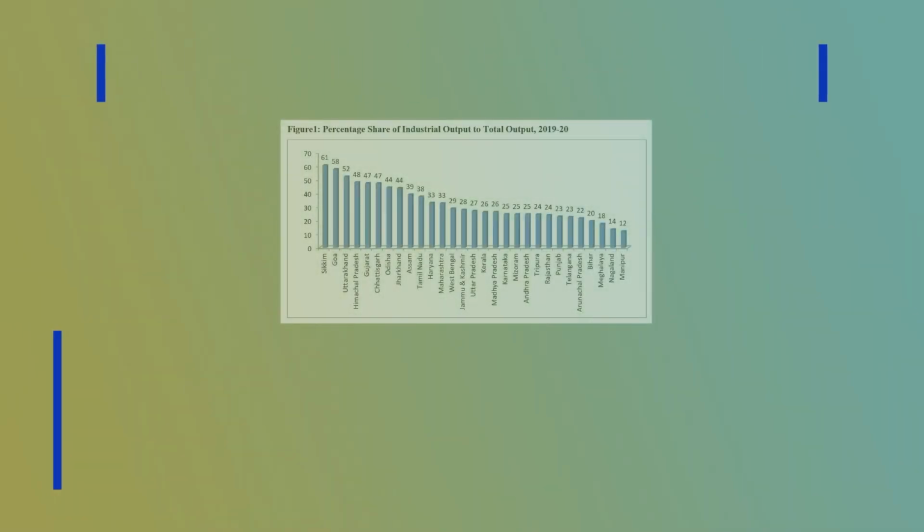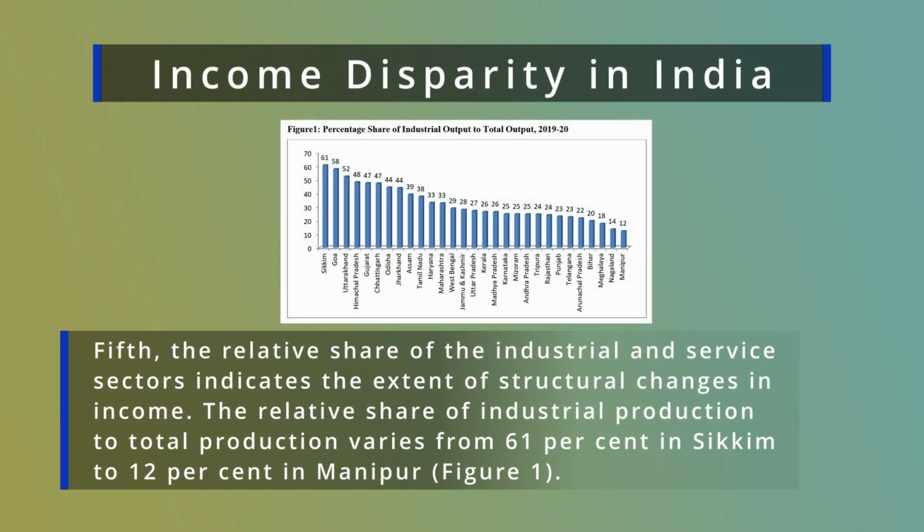Now we can explain the income disparity by means of structural change. This structural change is also equally important to understand the development status. During the course of development, there is a specific type of structural change, which indicates that the relative importance of the agriculture sector is gradually decreasing, whereas the relative importance of industry and service sectors is gradually increasing.